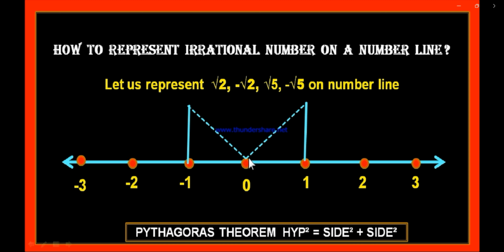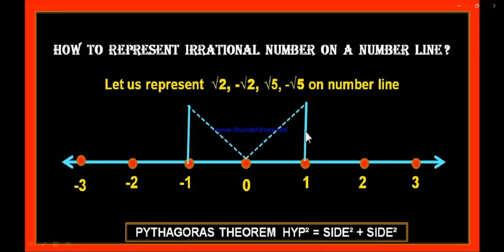If we join this point 0 to this end, then it becomes a right triangle. In this right triangle, this side is equal to 1 unit, as the distance from 0 to 1 is 1. And we also draw this line segment with 1 unit. This is 1 unit and this is 1 unit. Then in this right triangle, this is the right angle.